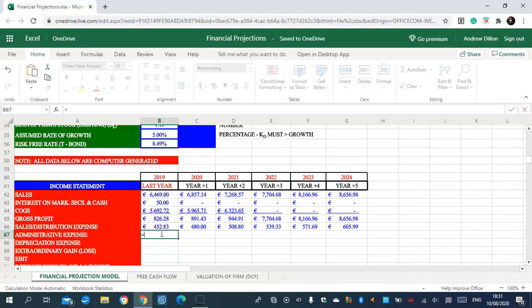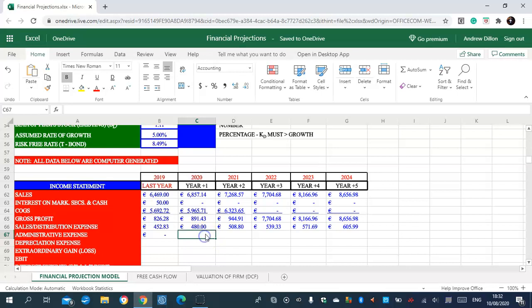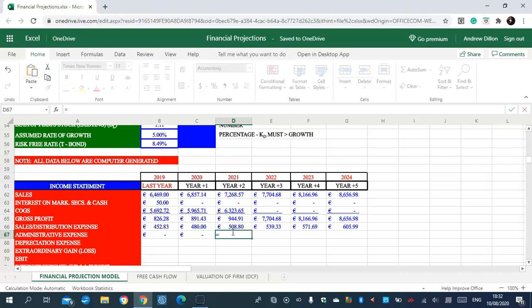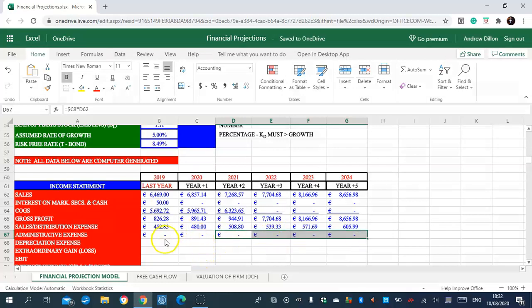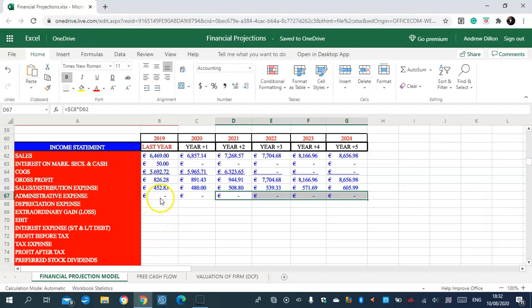Here's how to get the first answer: B8 multiplied by B62. Okay, those are the answers for the administrative expenses. Now, the depreciation expenses.